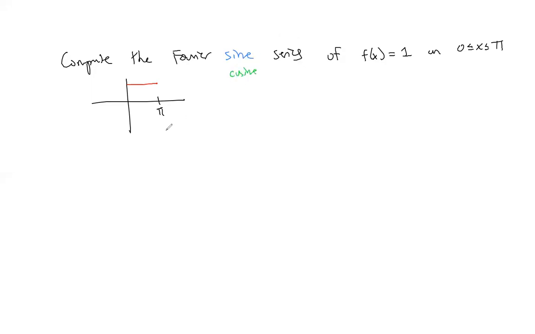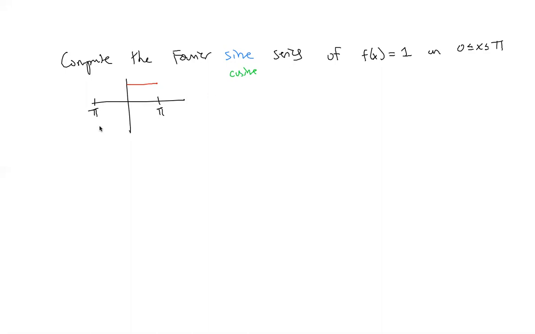Okay? So the way you define the Fourier sine series is if you only want sines in your Fourier series, then that means your function, which is defined on negative pi to pi, must be odd. And so what you do is you consider an extension of this function, and you extend it from negative pi to 0 so that it's an odd function.